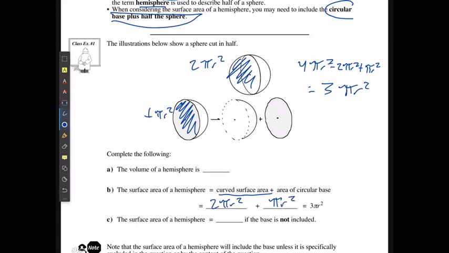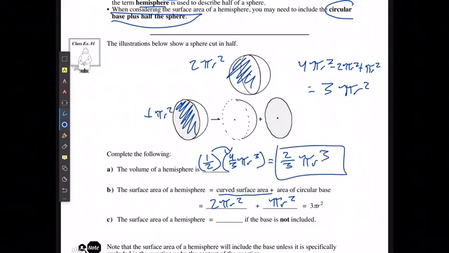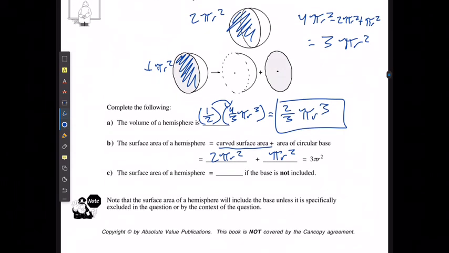The volume of this is going to be 1/2 of the volume of my sphere, 4/3 pi r cubed, where I can combine the 1/2 and the 4/3 to get 2/3 pi r cubed. For a hemisphere, if I don't need to include the base, then I just call it 2 pi r squared. I just call it the outside curved surface area.